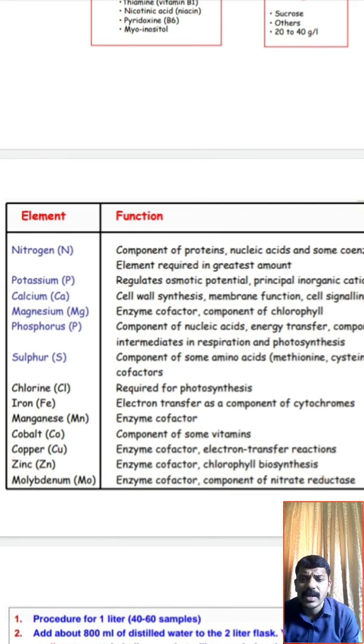For example, soil, water, moisture, then humidity, then dark and light cycle 12 hours each. That is to replicate the photosynthesis. That is the requirement. So if I talk about sulfur, it is component of some amino acids, phosphorus component of nucleic acid, enzyme cofactor, and lot many micronutrients are used as enzyme cofactor, right?